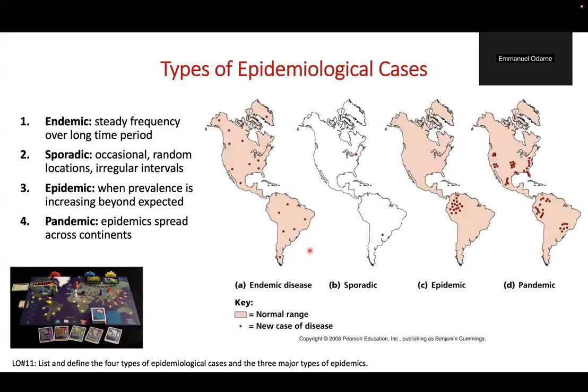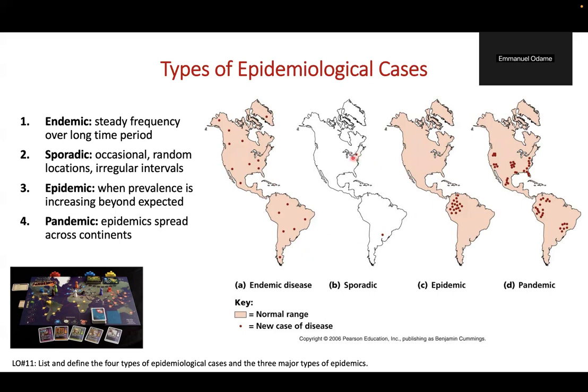Now, what are the types of epidemiology cases? The first one is endemic, which is basically a steady frequency over a long period of time. So you have a specific disease that you are studying through a long period of time. And then we have sporadic cases, where you have occasional cases in random locations at irregular intervals.